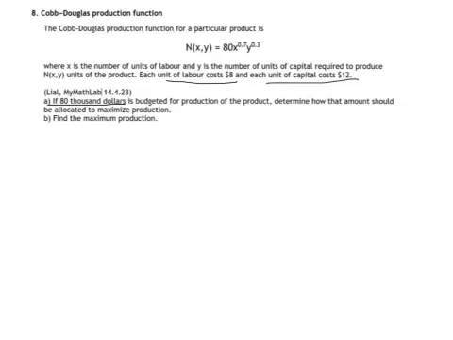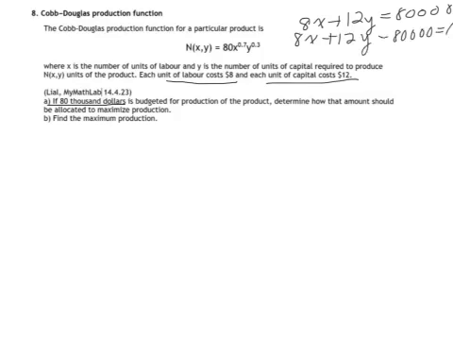So the first thing we need to do is set up our constraint function. So it would be 8x plus 12y is equal to 80,000 because that's how much money is budgeted. And remember, we need to have this equation equal to 0, so we've got 8x plus 12y minus 80,000 is equal to 0.